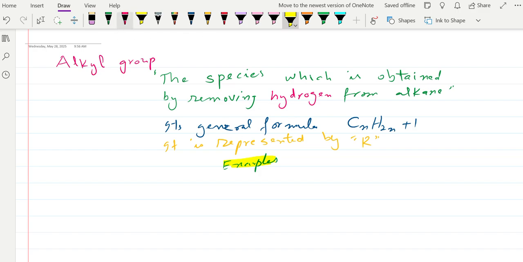Examples we can write. For example, methane: after removing one hydrogen it will be called methyl.